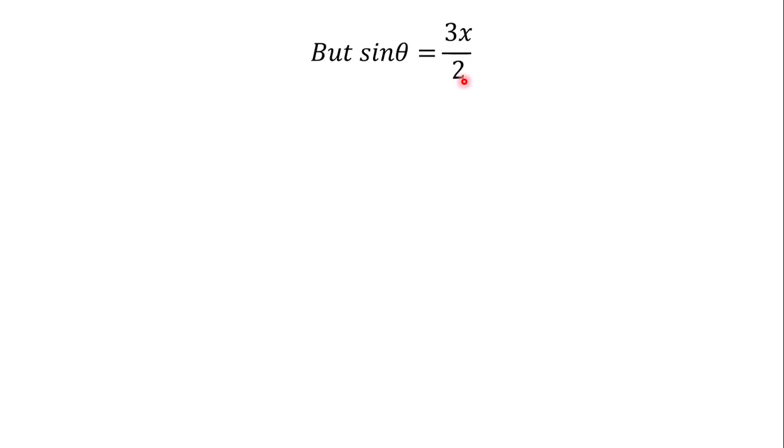The answer is 1 over 3 theta. And now that theta is equal to sine inverse of 3x over 2, when you replace, you're going to get 1 over 3 sine inverse of 3x over 2. So that is the answer to the integral question in the x world.